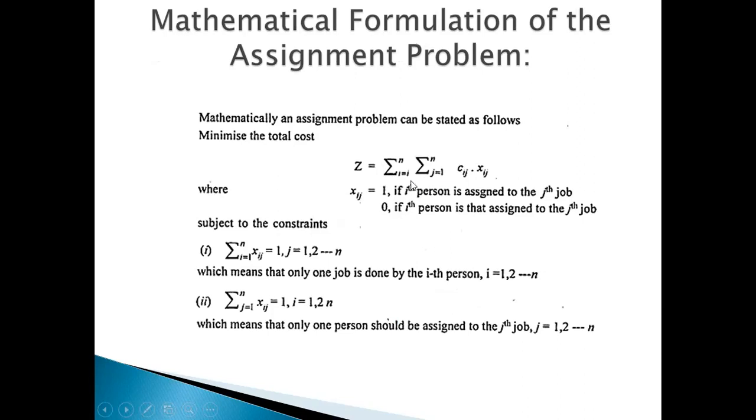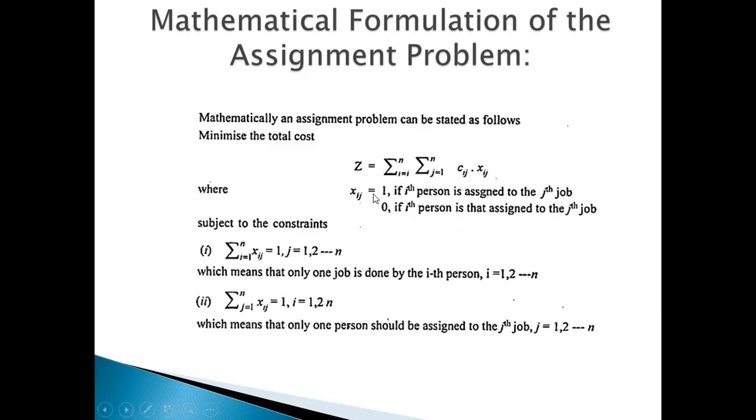Double summation, i varies from 1 to n and j varies from 1 to n, Cij into xij. Cij is the cost assigned for each person to do the particular job. Xij is the unknown decision variable that is represented in the objective function.